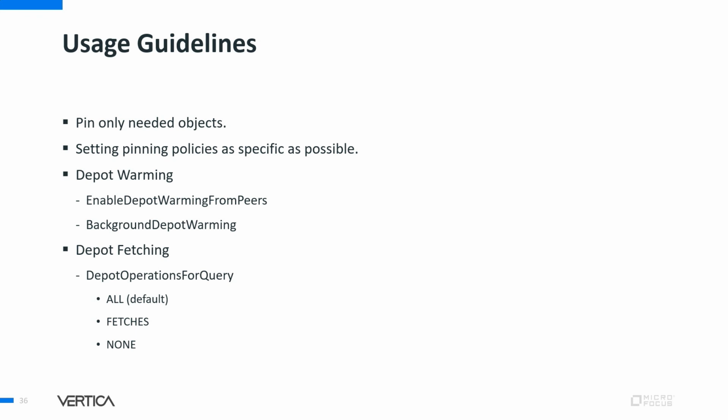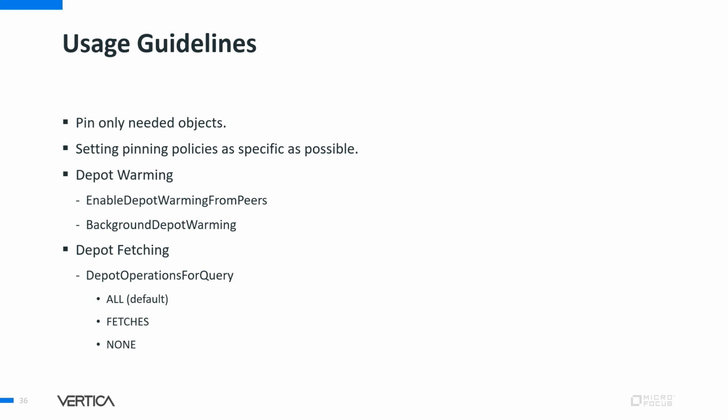When you set this parameter equal to 1, the node that's undergoing startup preemptively loads its depot with frequently queried and pinned data. You can enable the depot warming in the background by setting the parameter called background depot warming equal to 1. So Vertica will continue its depot warming in the background once the node becomes active.